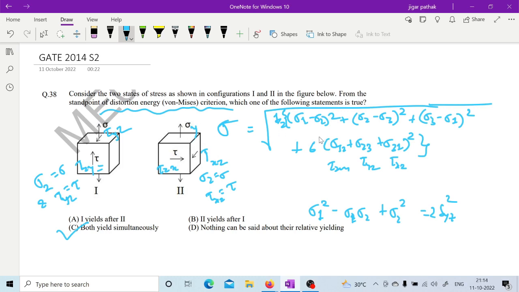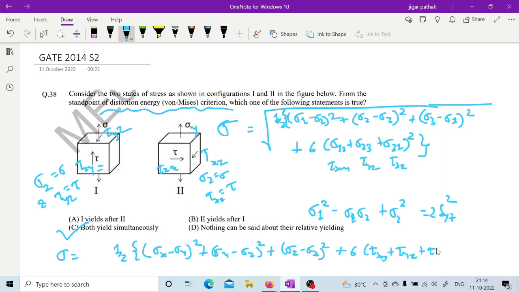So in this equation, it is 1 by 2 in bracket of sigma x minus sigma y square plus sigma y minus sigma z square plus sigma z minus sigma x square, right? And plus 6 into tau xy plus tau yz plus tau zx. So it also has its proof, but we have not considered it here in this lecture, right? So it is different. Okay.